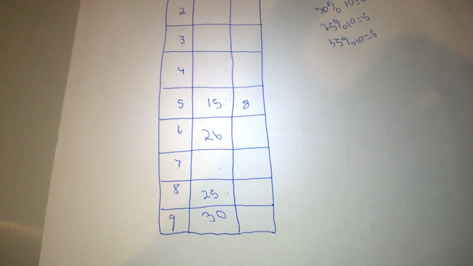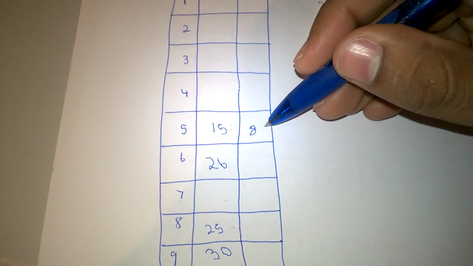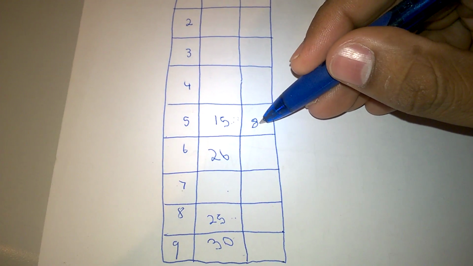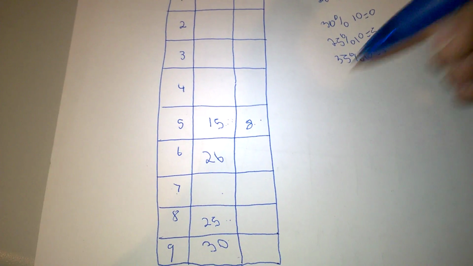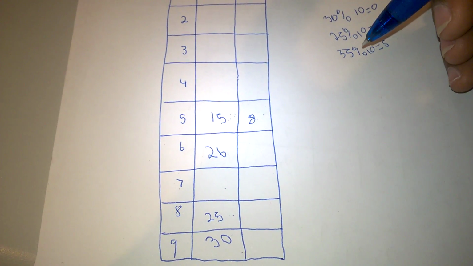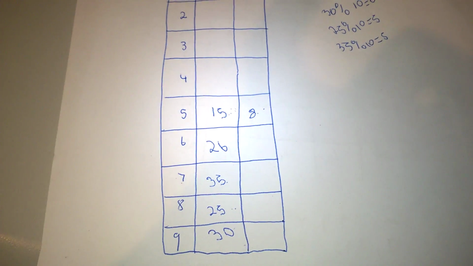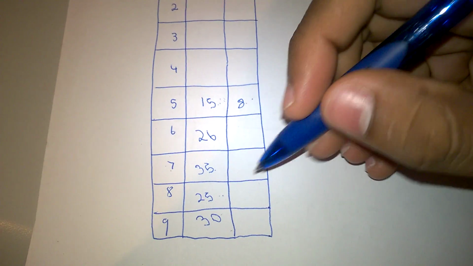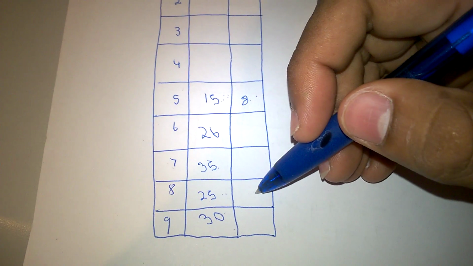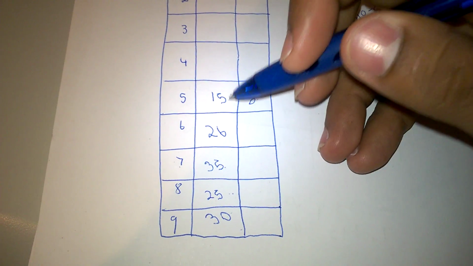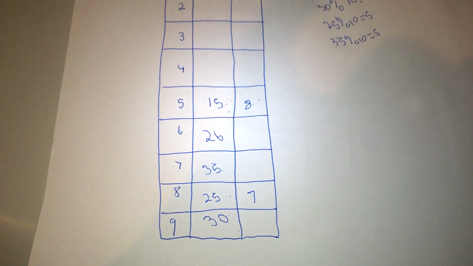Actually, we come here and we see position 8 is taken, so we go above position 8 and insert 35, right? So now we have to update this column to point to where we could find the next value that's supposed to be here, right? So we put position 7, right?